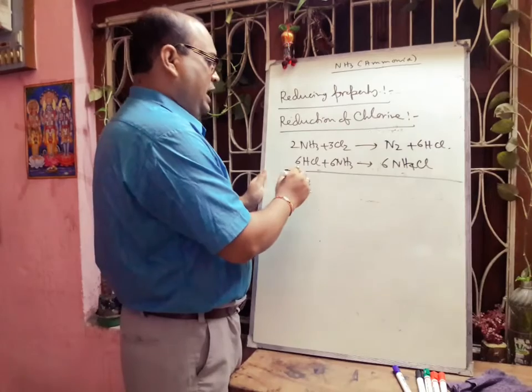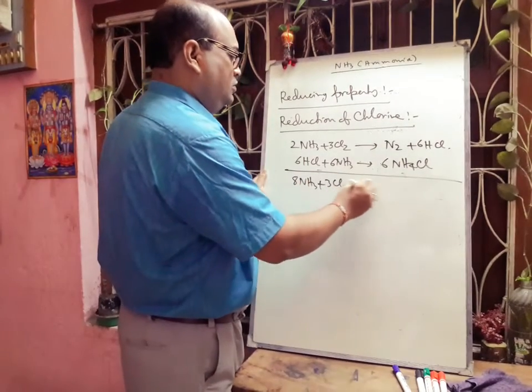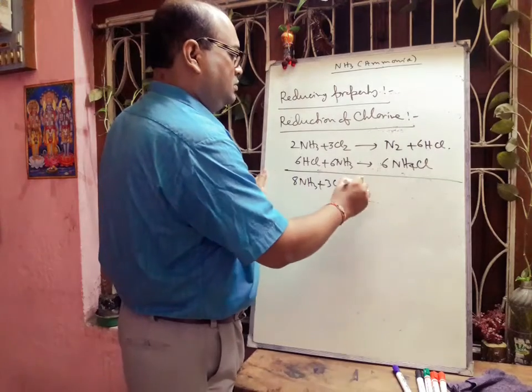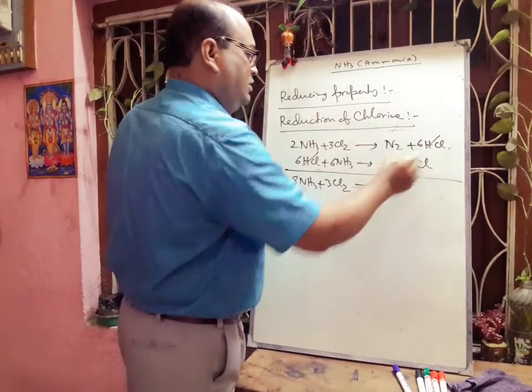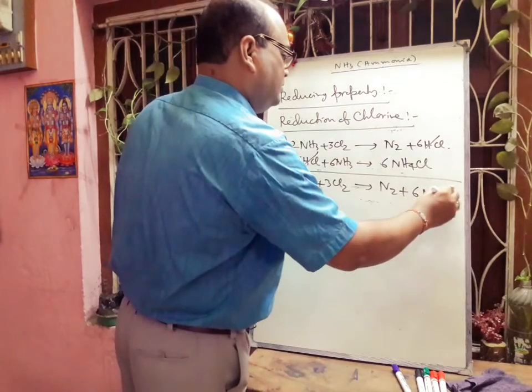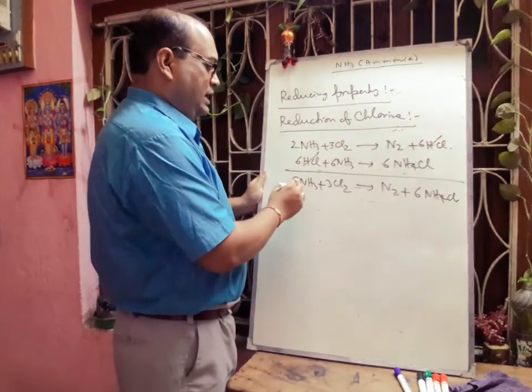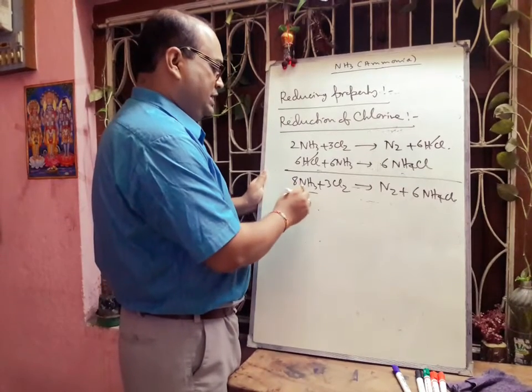That is 8 NH3 will react with 3 Cl2, forming N2 plus 6 NH4Cl. So here we have taken 8:3 ratio, that means ammonia is in excess.